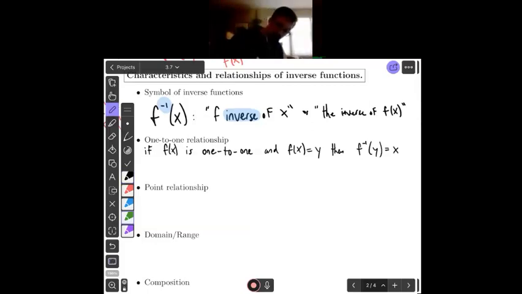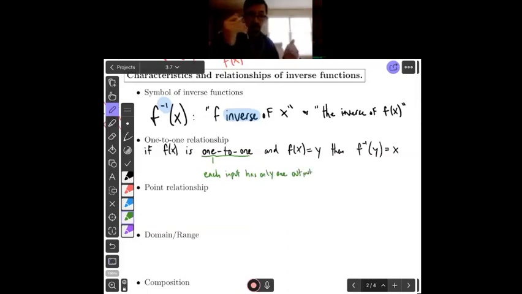But what does it mean for a function to be one-to-one? For a relation to be a function, we talked about the vertical line test: each input has only one output. That's just being a function.